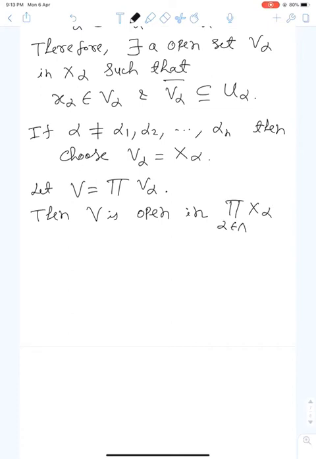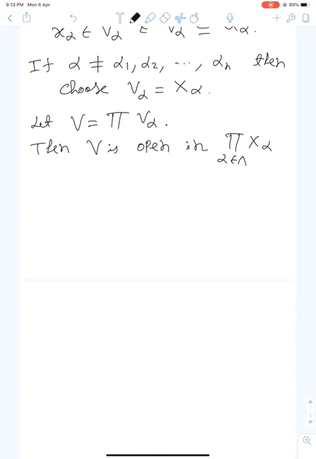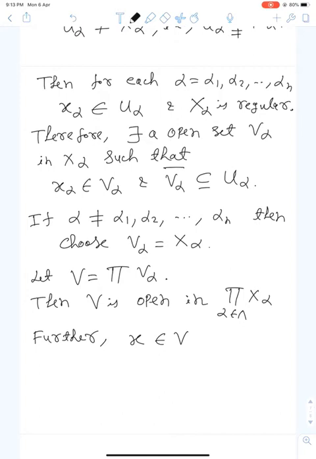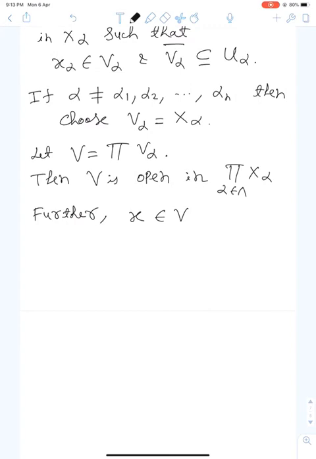Why is this open? Because for all but finitely many values, V alpha is the whole space, right? Also, x belongs to V, right? Because each x alpha belongs to V alpha for all alpha equal to alpha 1 up to alpha n, and even if alpha is not equal to these finite values, then it is the whole space. Therefore, each x alpha belongs to V alpha. That means x belongs to V.